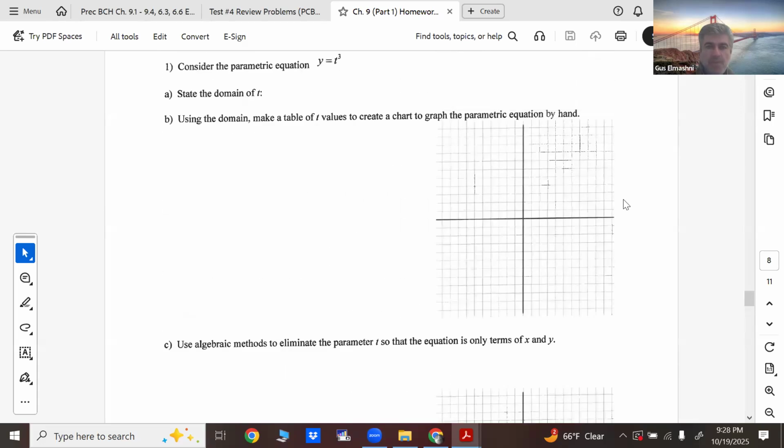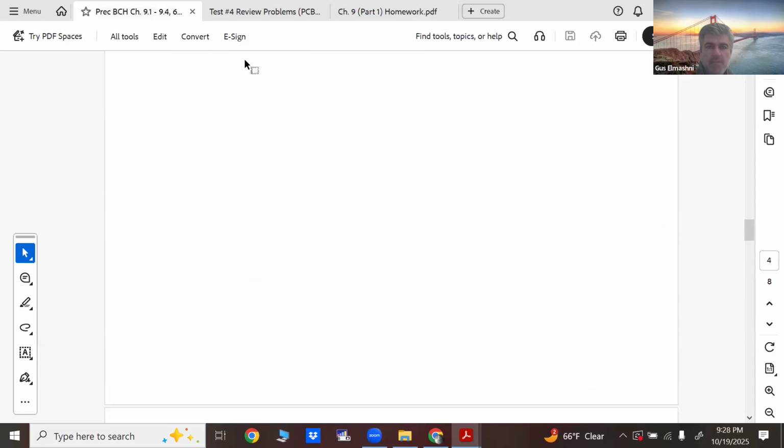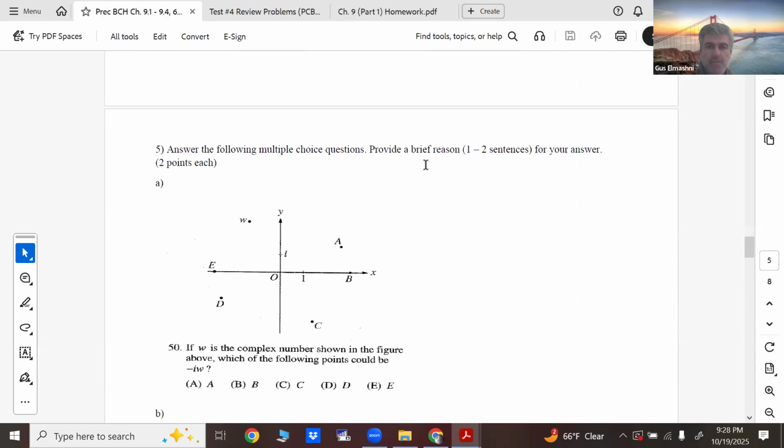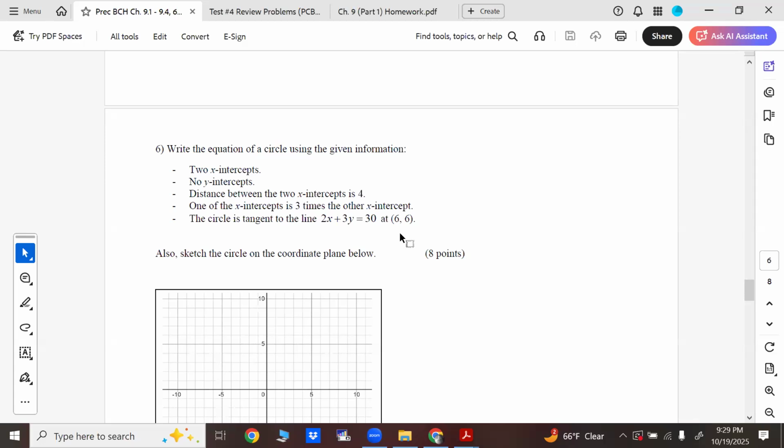Any other questions? Mr., I have a question. I was wondering, for both ellipses and hyperbolas, there's that thing where the distance from this point to this point is a plus c, and from this point to this point is c minus a. Are we going to have to know that stuff?